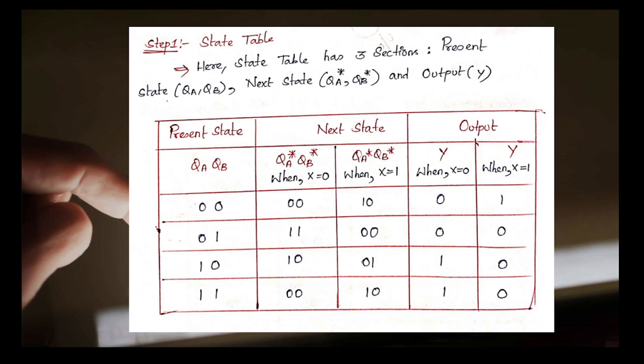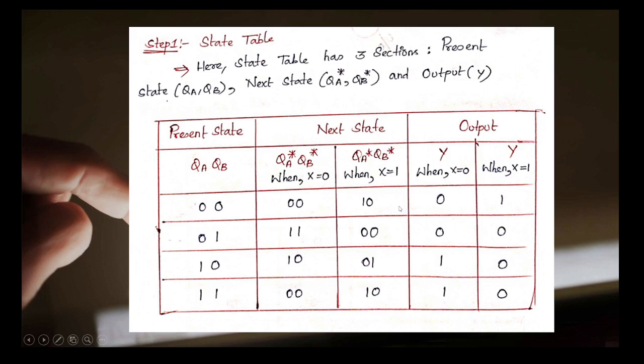Next state, it's QA star and QB star when the input x is equal to 0, and QA star QB star when x is equal to 1, with the output when x is equal to 0 and when x is equal to 1. For the first case, 00 goes to its same state 00 when x is equal to 0.